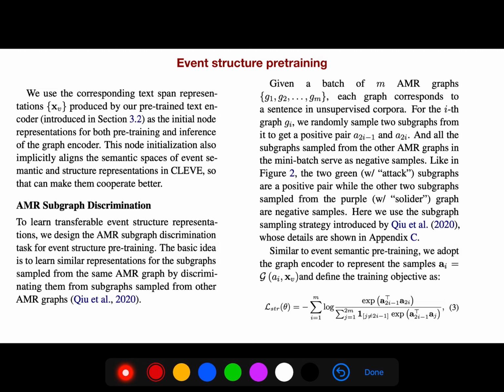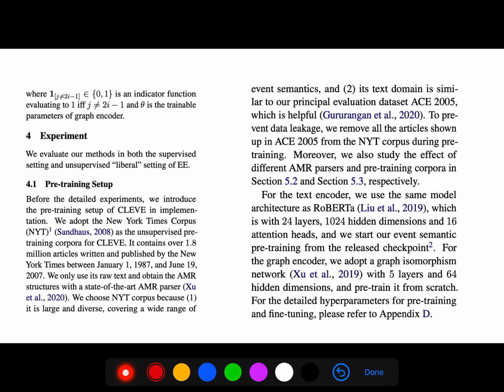So like in figure 2, the two green subgraphs are a positive pair, while the other two subgraphs sampled from the purple graph are negative samples. And similar to event semantic pre-training, we adopt the graph encoder to represent the samples and define the training objective like this.